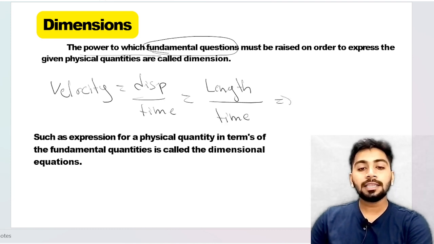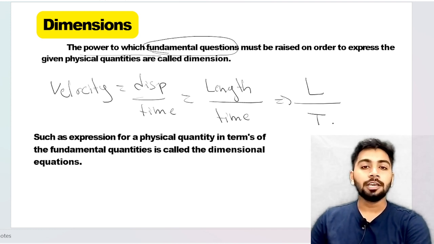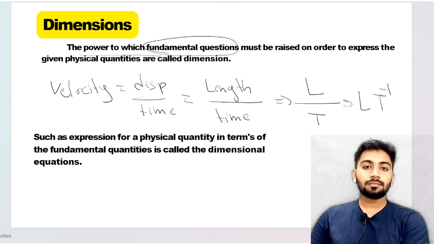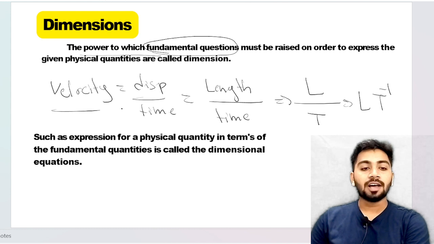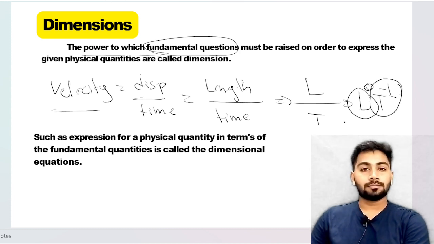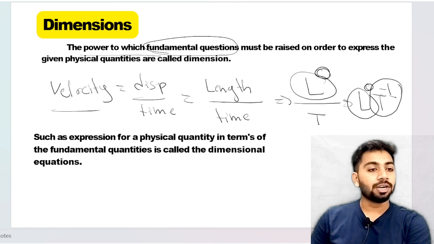Length you can write L, time T. Now I can write like this: this is the dimension of velocity. Length is raised to power +1, time is raised to power -1. This is called your dimension. Dimension is very simple: the physical quantity is raised to some power.